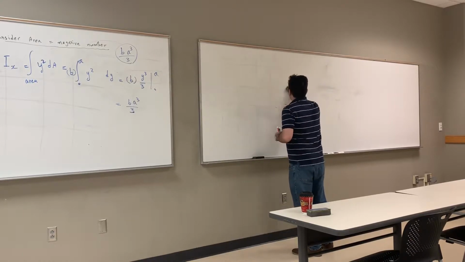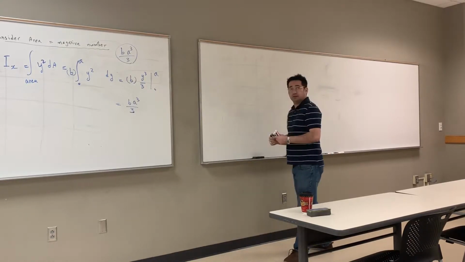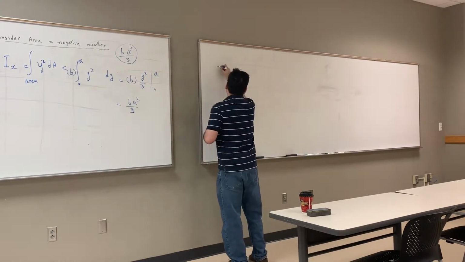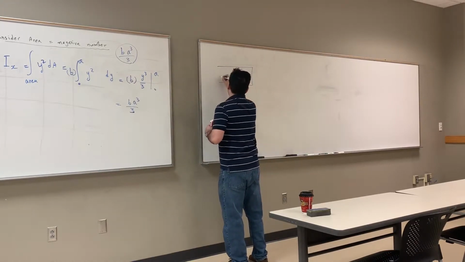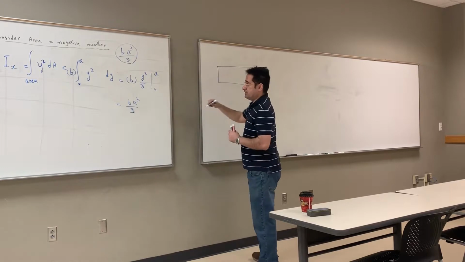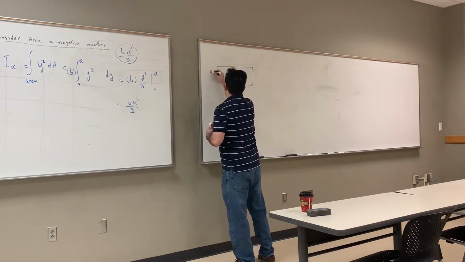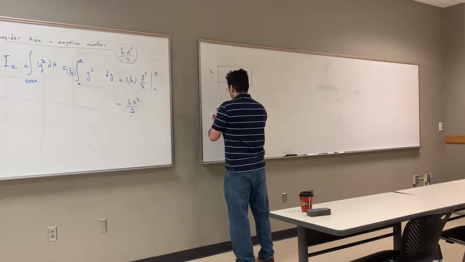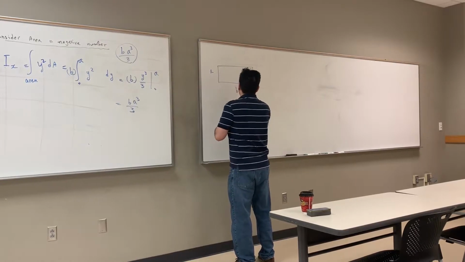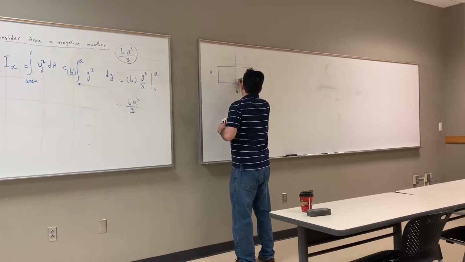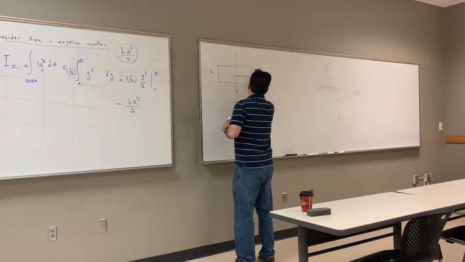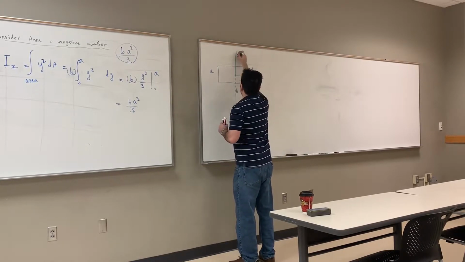Before we go to the triangle, let's find the moment of inertia. Let's say we have the same geometry, B and A, but I want to find the moment of inertia with respect to the coordinate system going through the centroid.